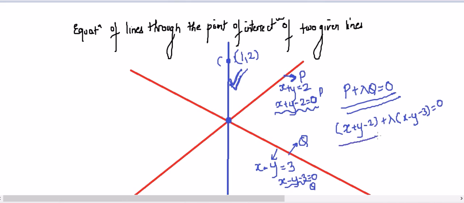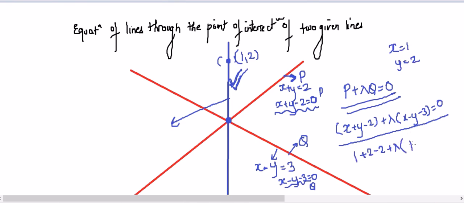Since this line is also passing through the point 1, 2, this point will satisfy the given equation. So in place of x and y, I can put 1 and 2. So x is 1 and y is 2. In place of x, write 1, in place of y, write 2.